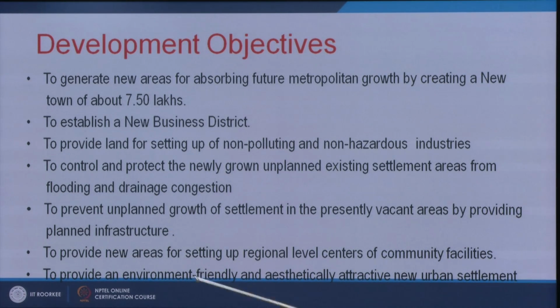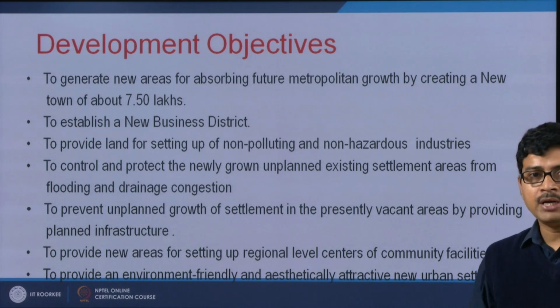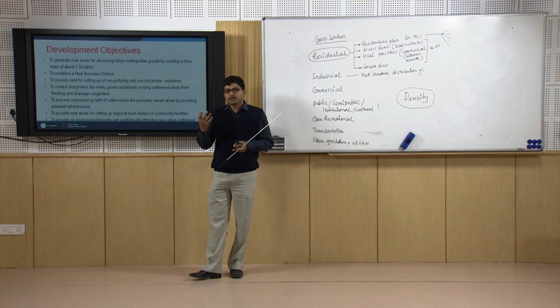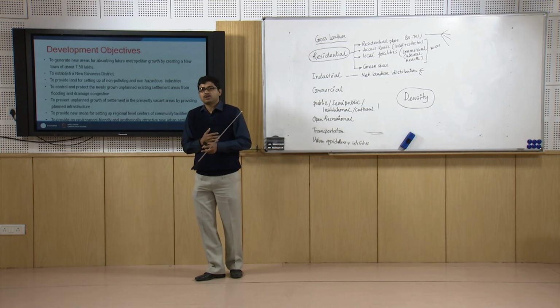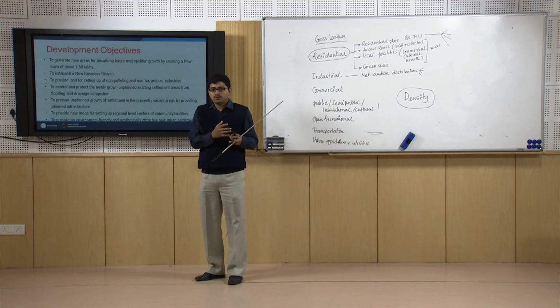Not only that, to provide new areas for setting up regional level centers of community facilities, for example a stadium, for example a state level art gallery, which could not be accommodated in the main city in adequate numbers. It is there maybe, but it is not adequate.